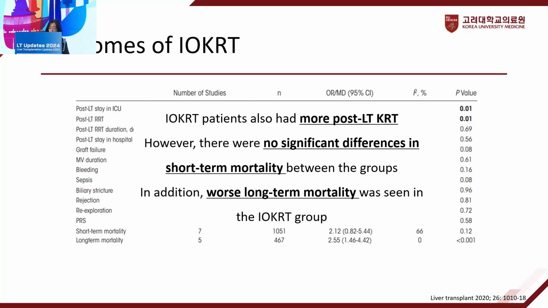Intraoperative KRT patients also had more post-LT KRT. However, there were no significant differences in short-term mortality between the two groups. In addition, worse long-term mortality was seen in the intraoperative KRT group.